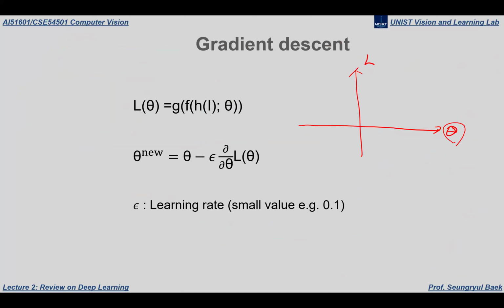Of course, this theta is a vector, so even though I draw it like a 2D graph, in reality you would have to draw it in multiple dimensions, because the vector is a vector. But for simplicity, I'm drawing it in a 2D graph.